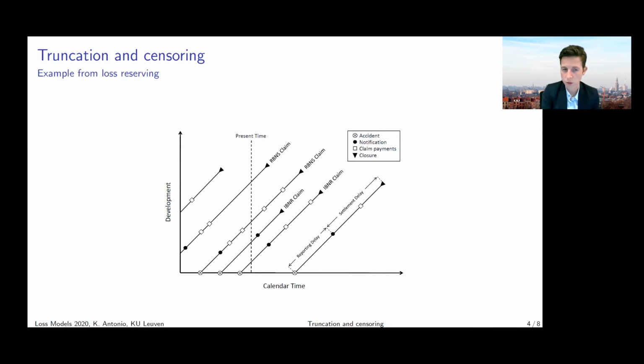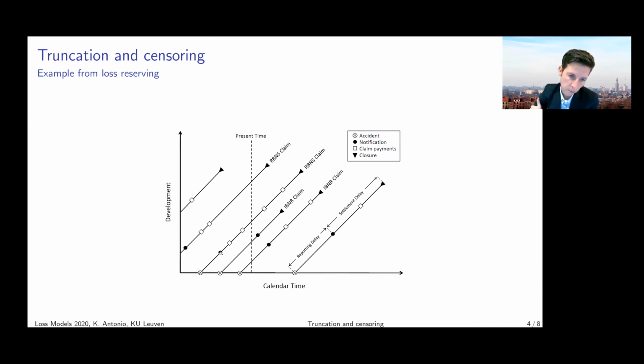Another example of right censoring would be the time that elapses between the reporting of the claim, the black circle, and the closing of the claim, the black triangle. That time is something that the insurance company will also monitor. How much time do we need to settle, to develop these claims?